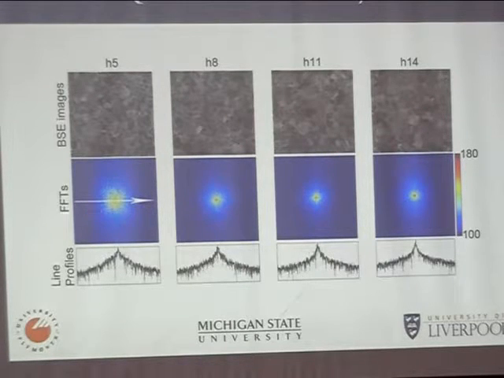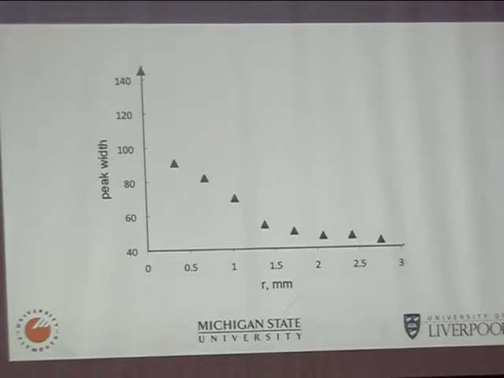And then if we plot across the middle of the FFT, that's what you get. And then if you measure the width at half peak height, as a measure of how broad the FFT peak is, and you plot it against R, distance from the crack tip, that's what you get.